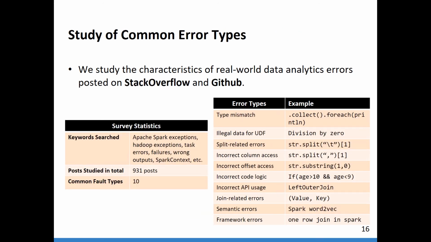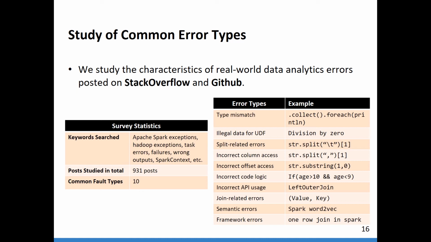You may be wondering where these mutation operators are coming from. So these mutations are based on our empirical study of common errors that appear in real-world big data analytics applications. The study is based on Stack Overflow and GitHub, in which we searched for the keywords that are related to both Apache Spark and Apache Hadoop.